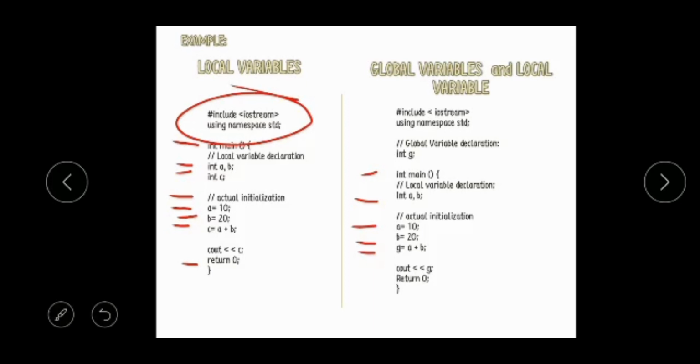So cout g. This line prints the value of g to the console using the cout stream. It will display the sum of a and b, which is 30 in this case. So that is global variables and local variables.